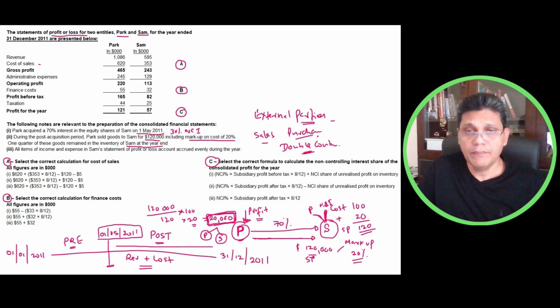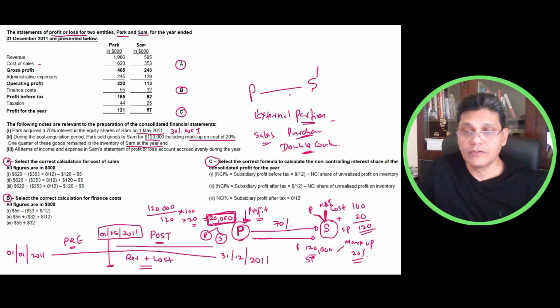Because intercompany sales and purchases do not contribute to the overall economic activity of a group, they are merely internal transfers between parent and subsidiary. These do not result in real profit or losses.